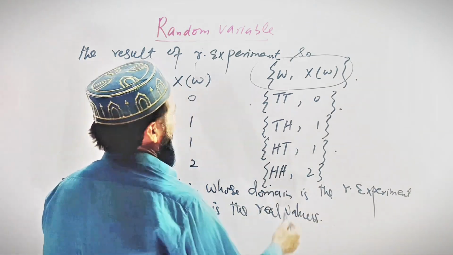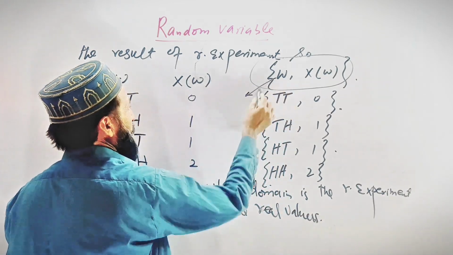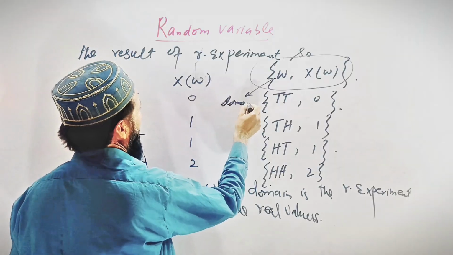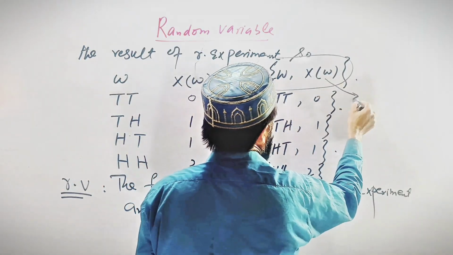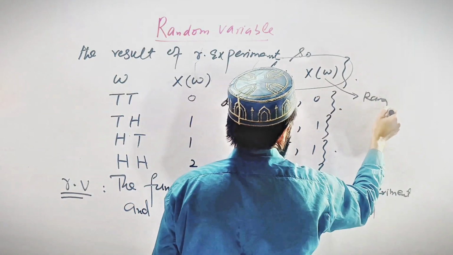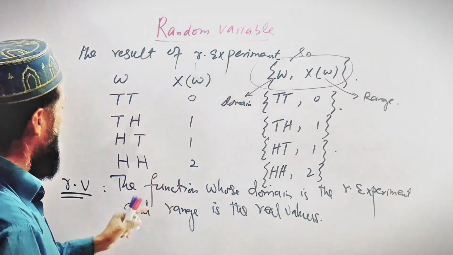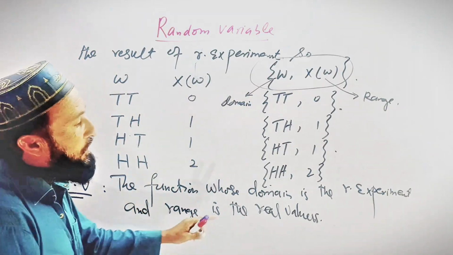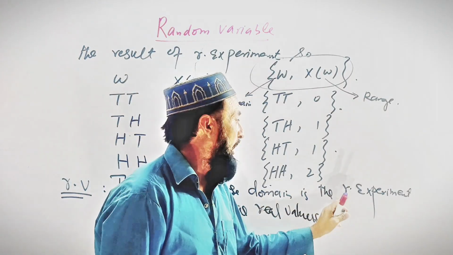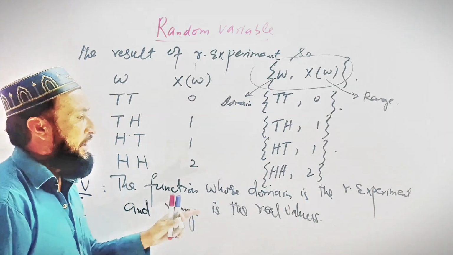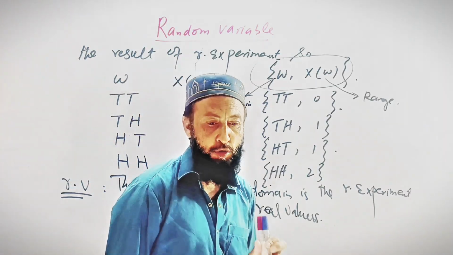In a function, the first set is called the domain and the second set of this function is the range. So from the above discussion we can say that the function whose domain is the set of the random experiment and range is the real values is called a random variable.